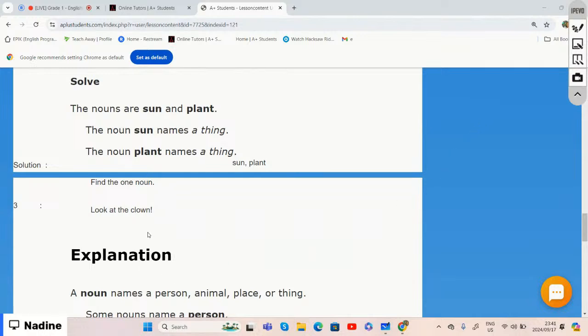And if we look at the next one, it says find one noun. It says look at the clown. One noun. We need to only find one noun. Look at the clown.